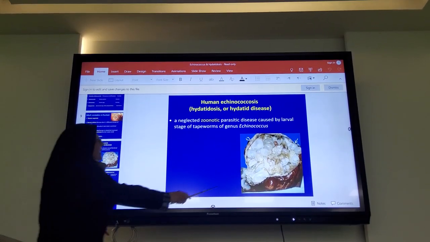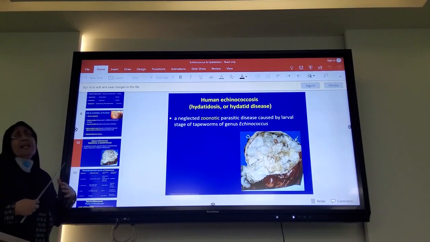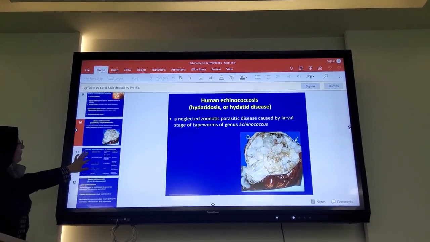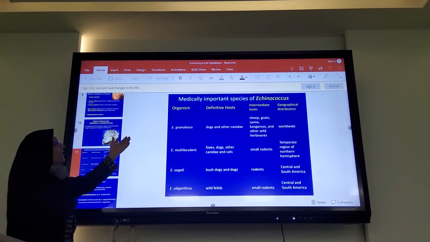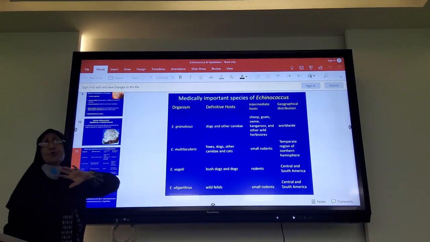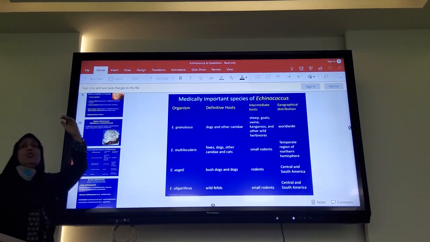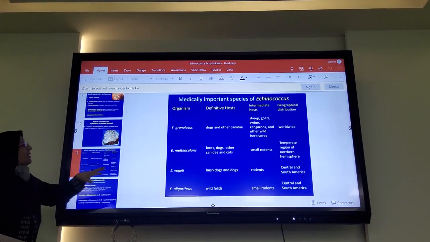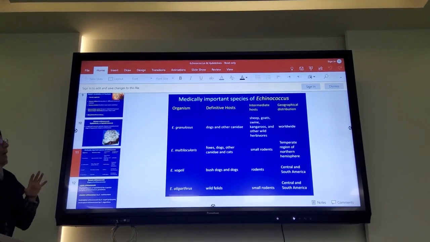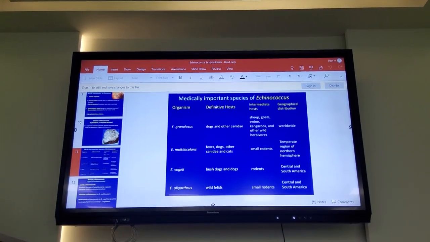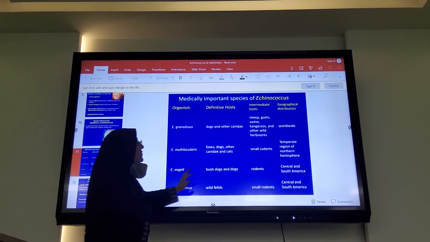All right, this is the cyst of the parasite which develops in internal tissues of humans. In the Echinococcus genus, we have the species Echinococcus granulosus, which has widespread distribution, Echinococcus multilocularis, just in the northern hemisphere, and Echinococcus vogeli and Echinococcus oligarthrus, which have both the definitive host and intermediate host in wildlife, and they are just in Central and South America.